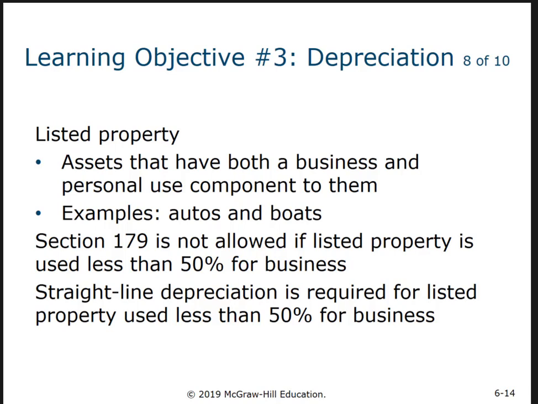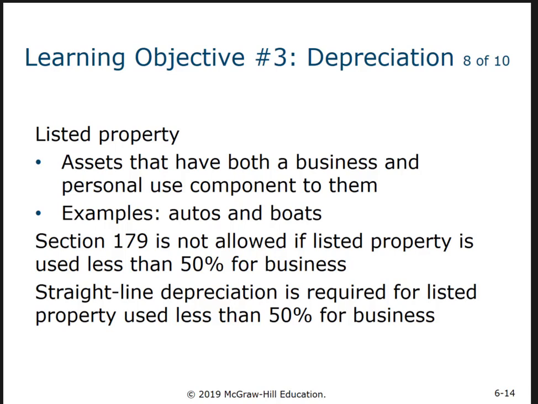And if it's used for less than 50%, you have to use straight line. You cannot use the tables that we just described. So there's a couple of zingers there on these types of assets if the use is below 50%. So most people have got to make sure that they use it more than 50%. And just know that autos and boats are the kinds of things that are easily used personally.